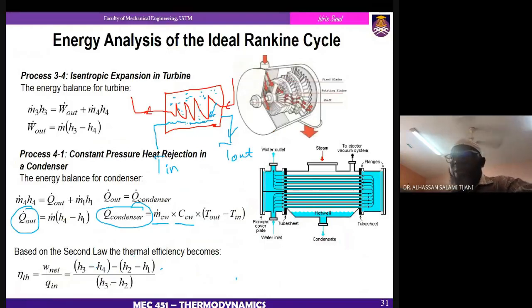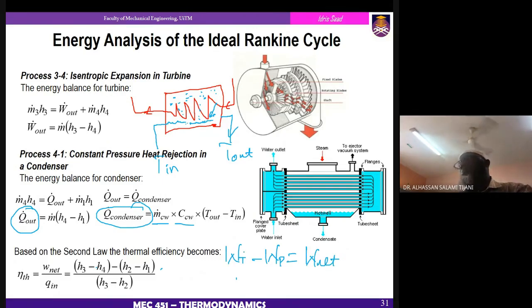So the net work is the work from the turbine minus the work input to the pump. And this equals W net. That's how it is defined.